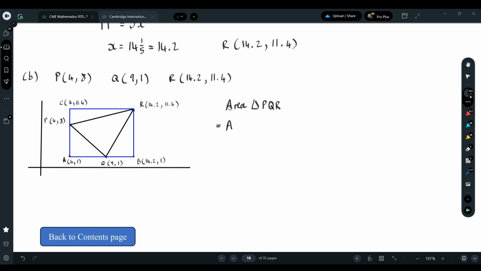So to work out the area of the triangle PQR, we would want the area of the rectangle ABRC, and from that we would want to minus the area of triangle AQP, combined with the area of QBR, combined with the area of triangle CRP.